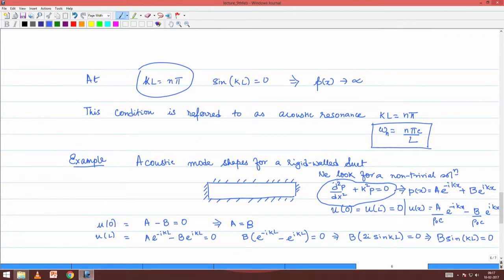This is true even in the case of vibration analysis, where you get to see that the mode shapes can be only determined up to the level of one constant. One constant has to be left undetermined.